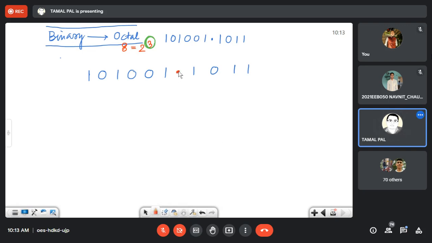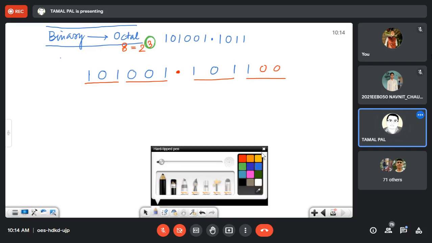If the number is on the left of the radix point, the grouping will start from the point going leftwards in this way. And on the right, it should be like this. If a group is not of 3, you can add 2 additional zeros. And on the left, if it is not a group of 3, you can add additional zeros on the left. After the radix point, adding zeros does not change your value.